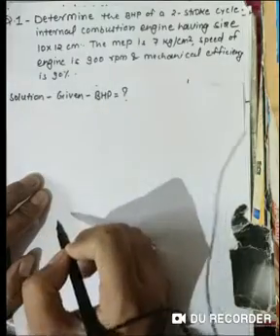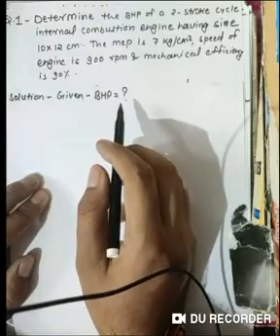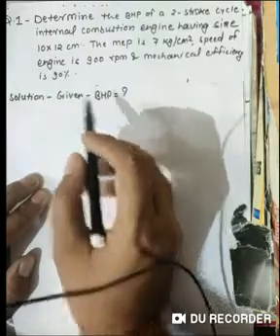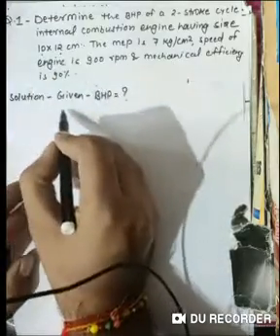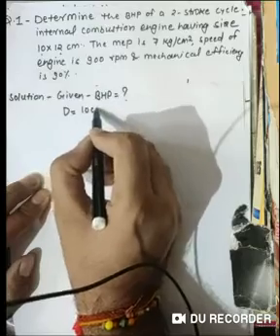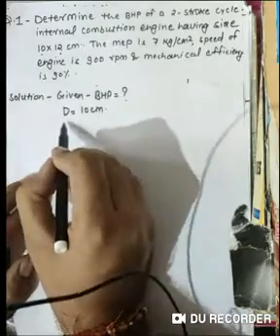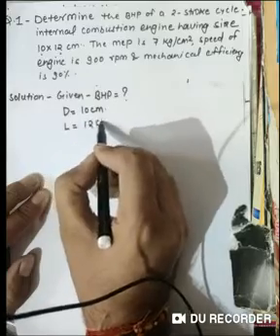Okay, and the engine has size 10 into 12 centimeter. That means this is the diameter and this is the stroke length. So here diameter d is equal to 10 centimeter and stroke length L is equal to 12 centimeter.